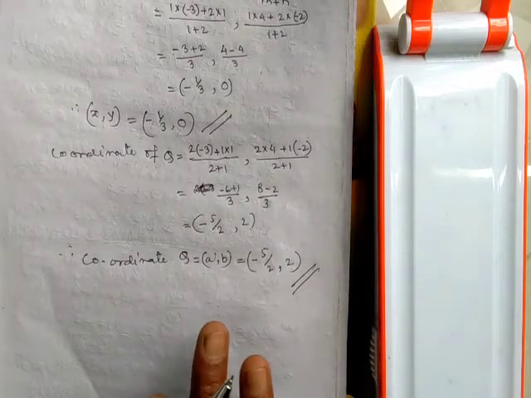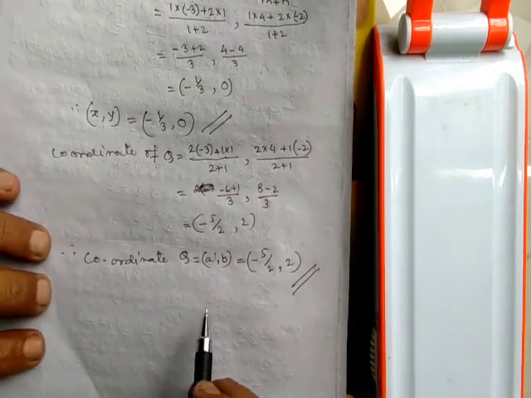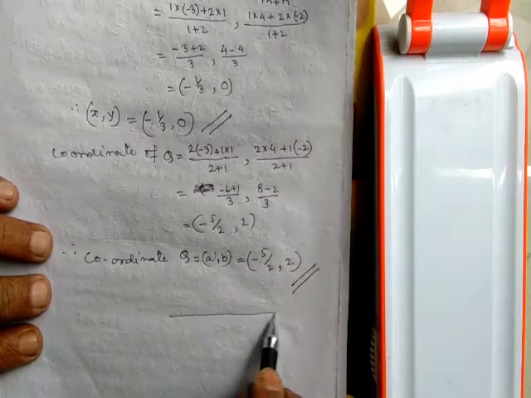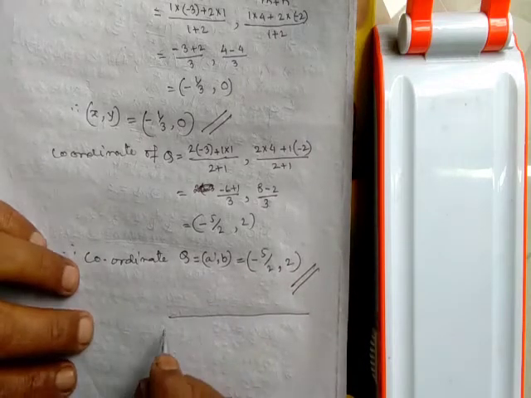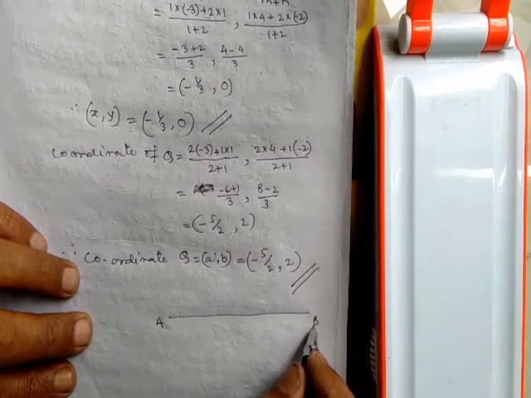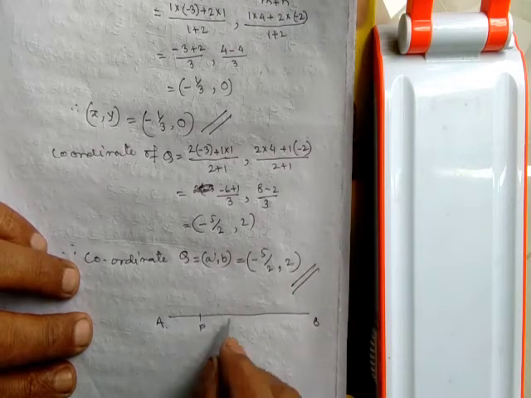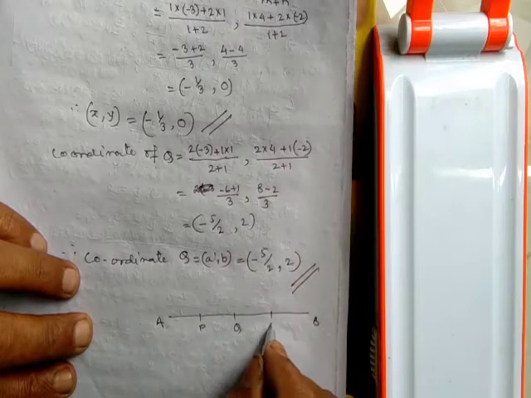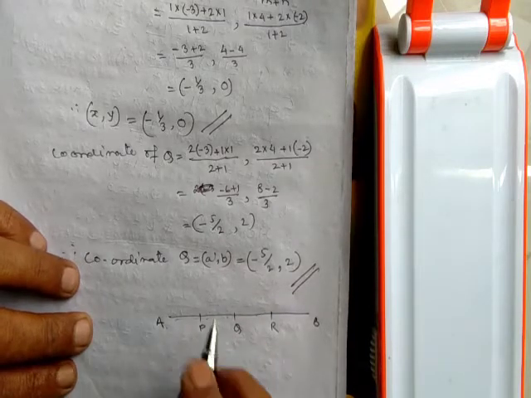Suppose sometimes what happens is they may ask you to find the coordinates for a line segment divided into more parts. Just one example I am saying. A and B are given, the coordinates of these two are given. You may be asked for P, Q, R dividing it into 4 parts.